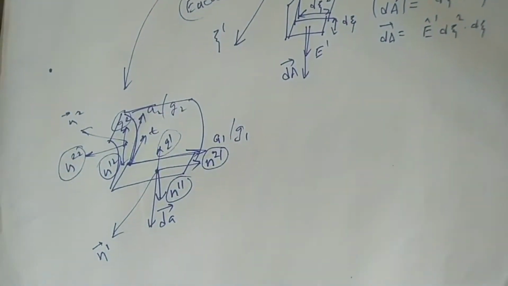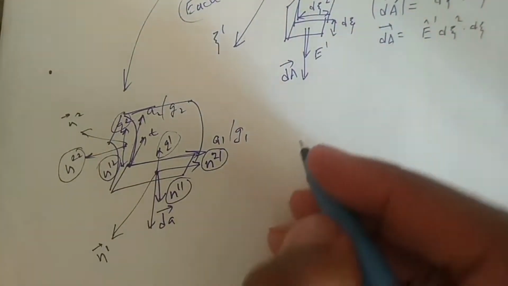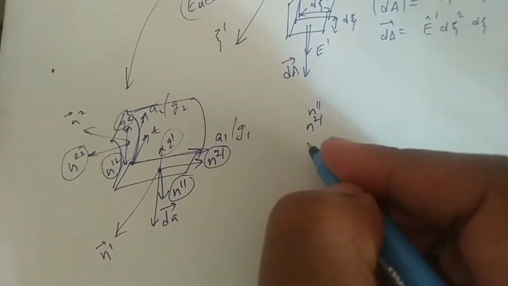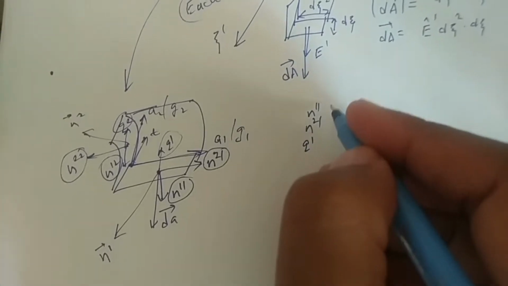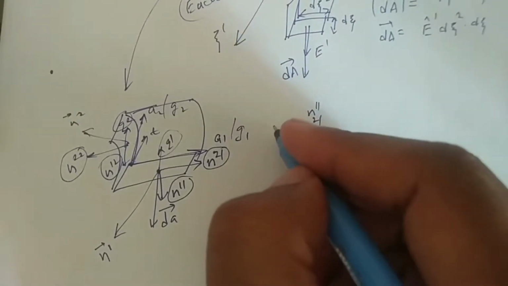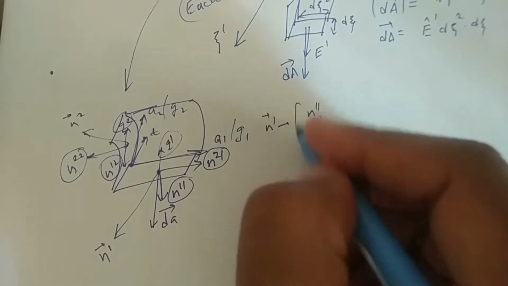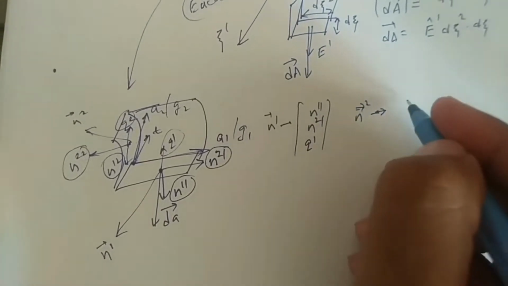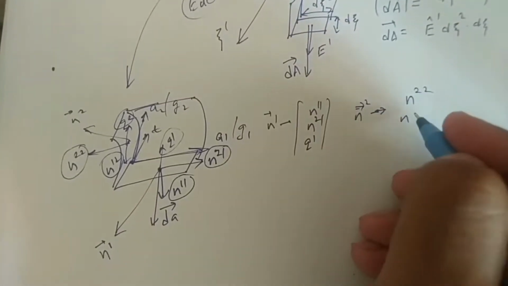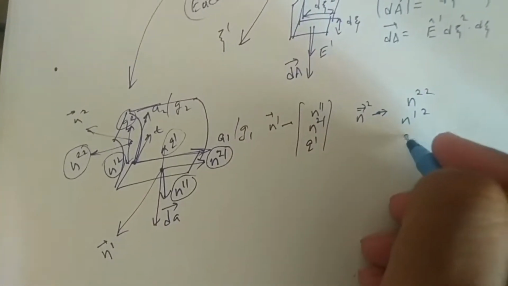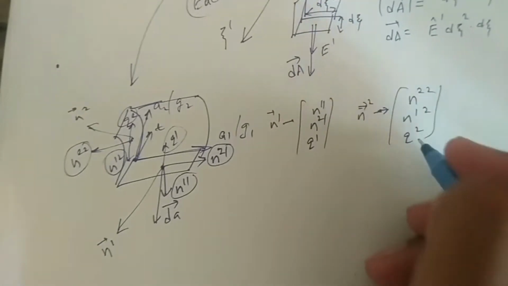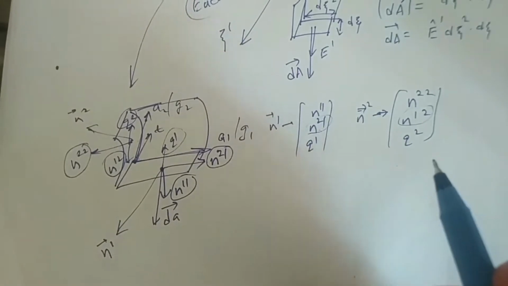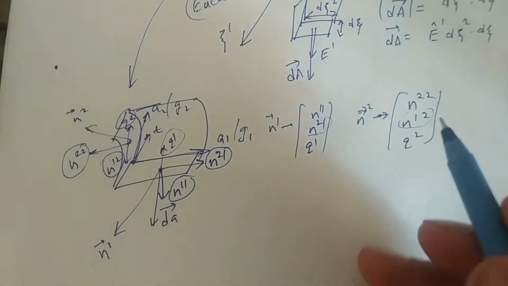We got N11, N21, Q1, all from the N1 force, and the N2 force will give us N22, N12, and Q2. Now this N21 and N12 may not be equal because this is not symmetric in general.